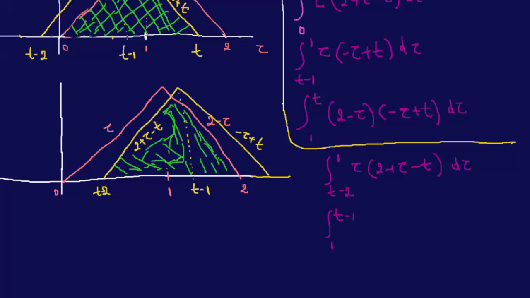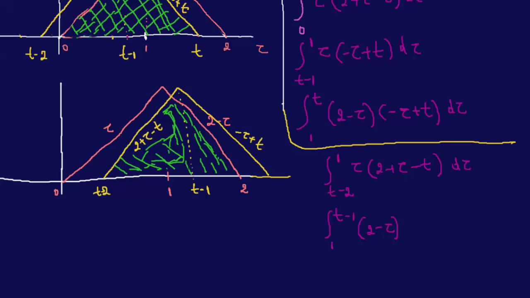What's our x of tau in that case? X of tau in that region is going down the slope, so it's 2 minus tau between 1 and t minus 1. Again, you are multiplying x of tau times h of t minus tau.